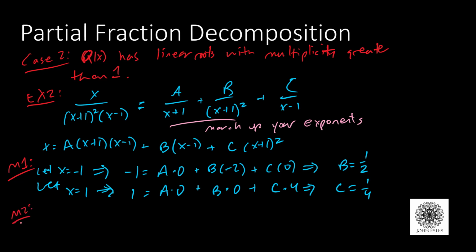I'm going to use method 2 here, and I'm just going to match up my quadratic terms. If I match up my squareds, I have 0 on the left-hand side, and on the right-hand side I have a x squared and 1c x squared. So I know that a plus c equals 0, and I know that c is 1/4, so a plus 1/4 is 0, which means that a would have to be negative 1/4.